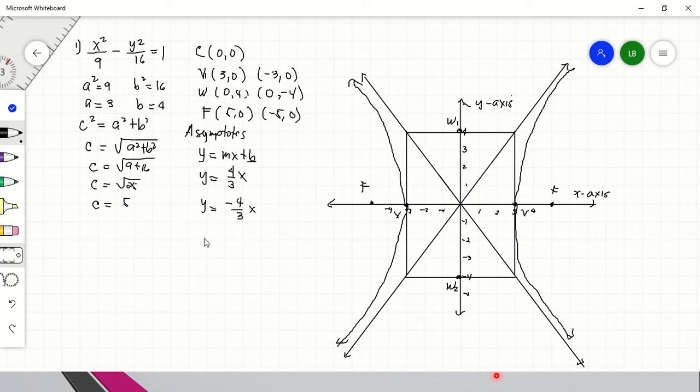So, makikita natin the equation of the asymptotes is positive or negative b over a, if the hyperbola opens to the right and to the left, or if the transverse axis is horizontal.